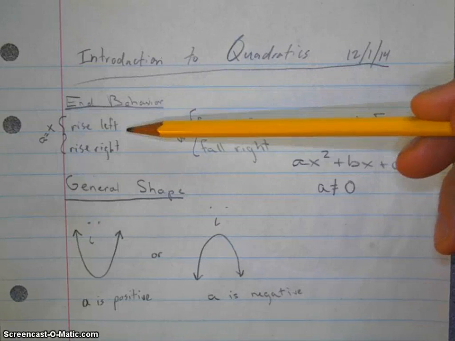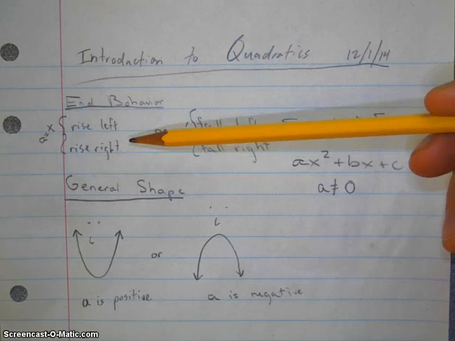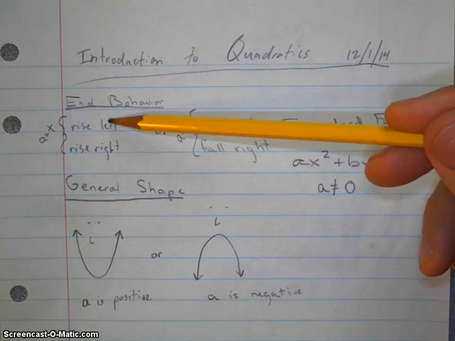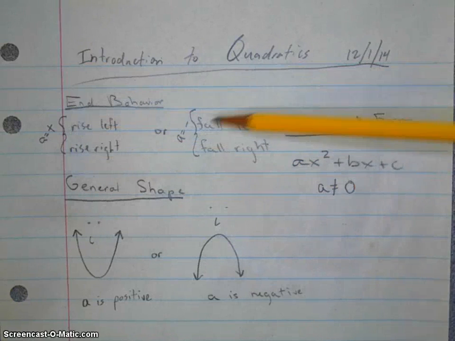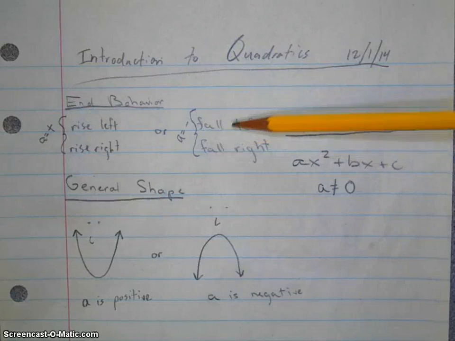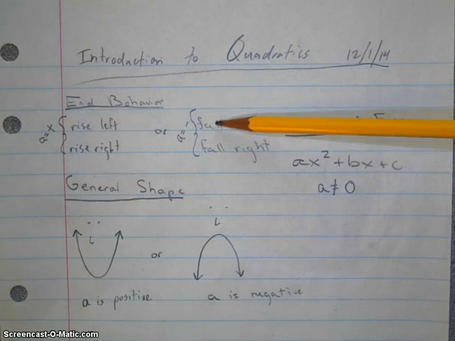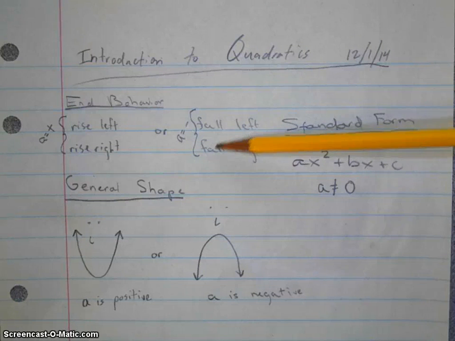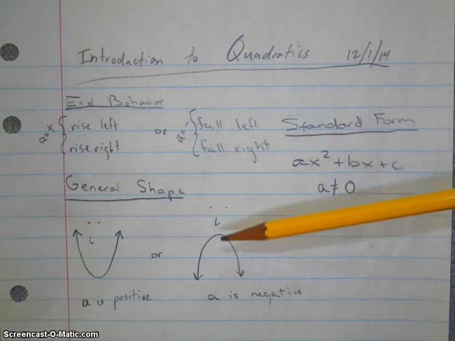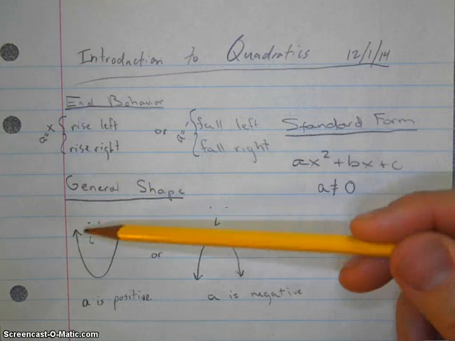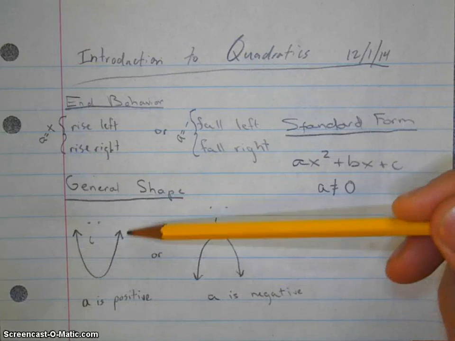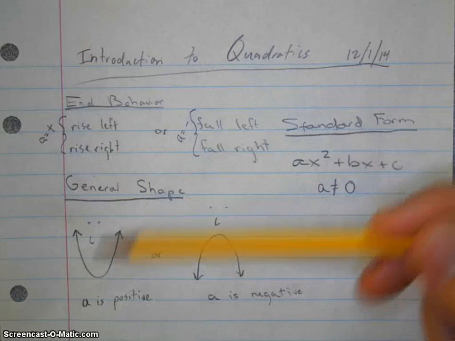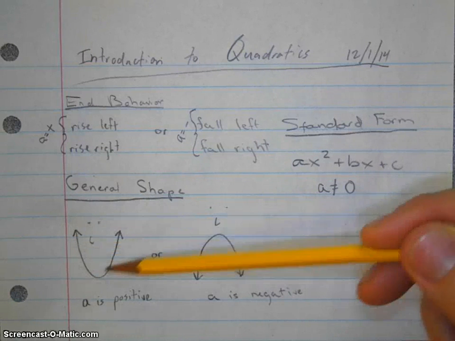When you're describing your end behavior in words, you would say rise left, rise right when a is positive. When a is negative, you would describe the end behavior as fall left, fall right. Now if you had to sketch the graph, when a is positive, you'll draw the parabola, which is this U shape, going up to the left, rising right.